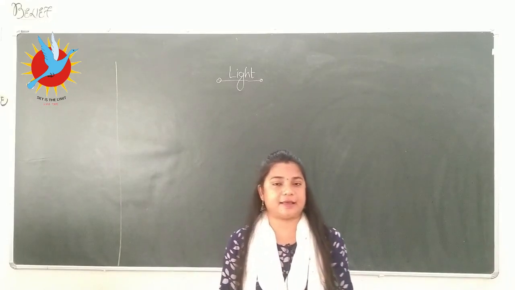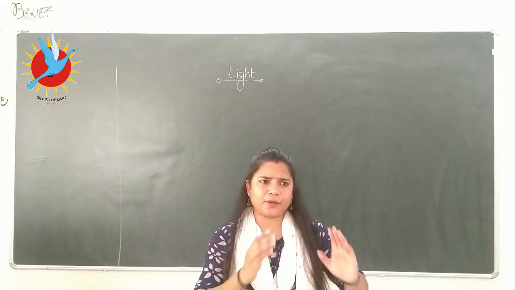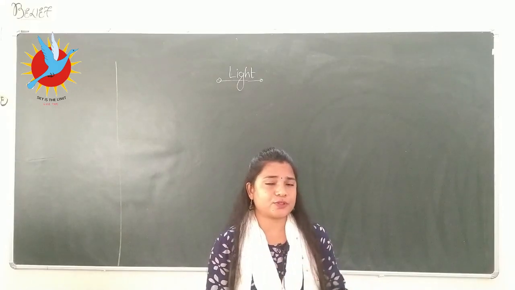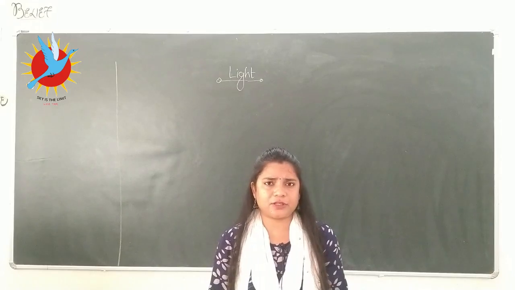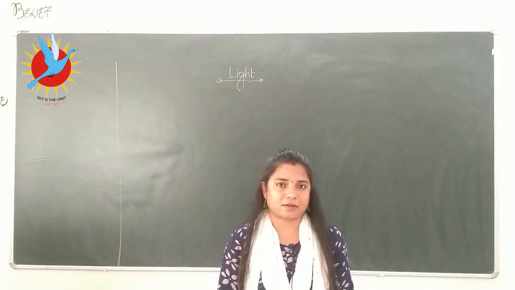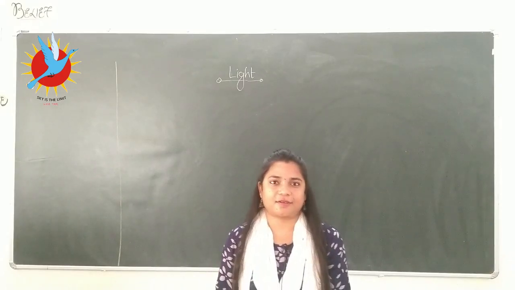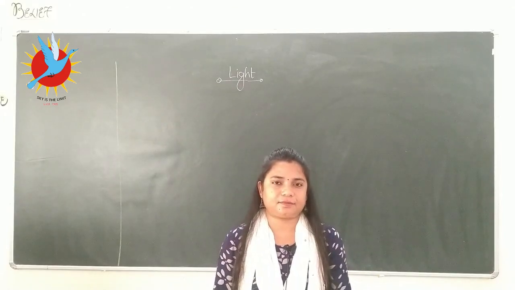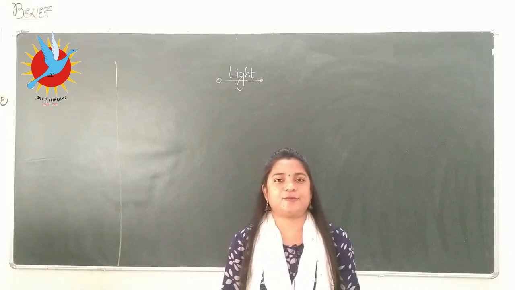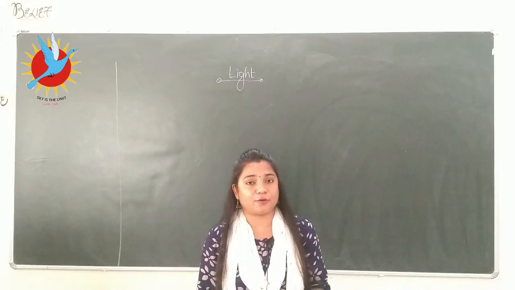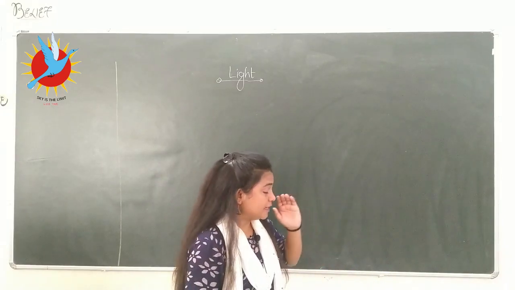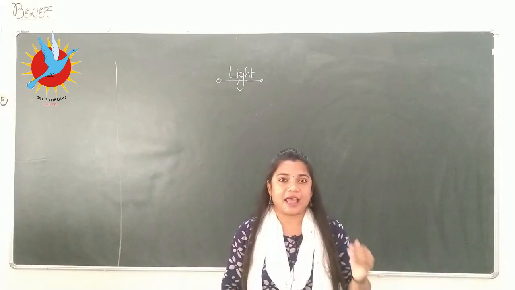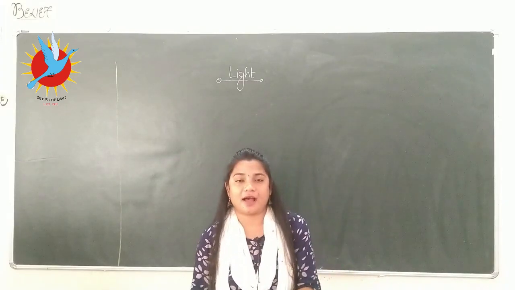Okay, let's take an example. When you enter your room and you don't switch on the lights, are you able to see the objects? No. When you switch on the lights, can you see the objects now? Yes. It is because the light from the tube is incident on the objects and then reflects into our eyes.